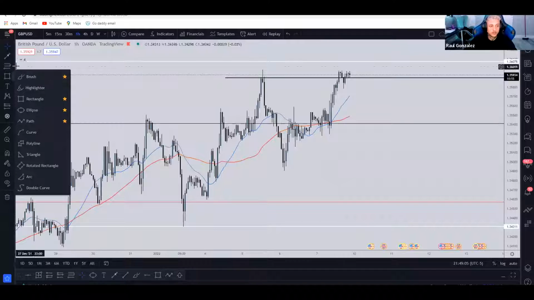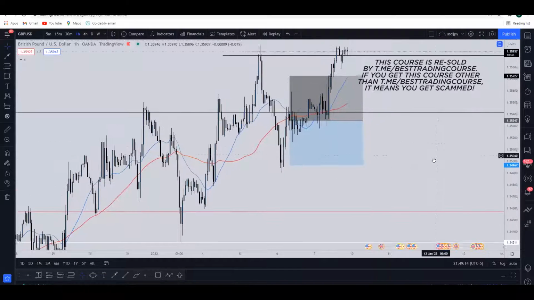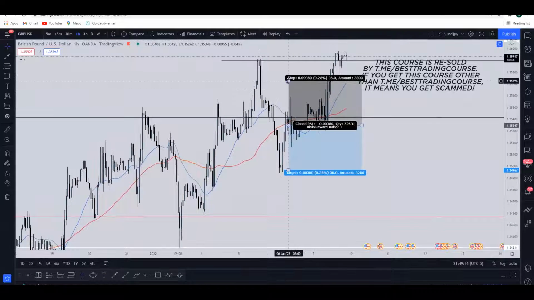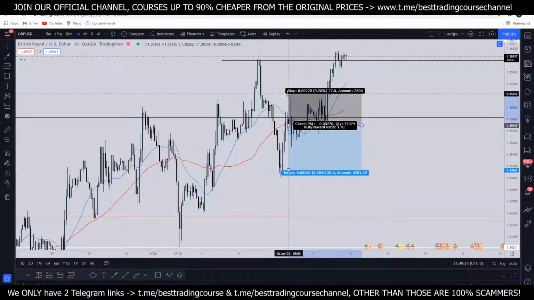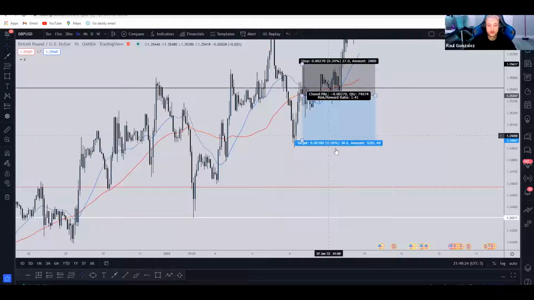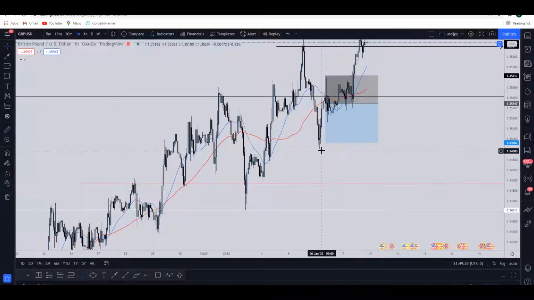So you mean an entry here. Where was your stop? My stop was a little bit above the wick of the next one. Right here? And what was your target? My target was 1.3460.